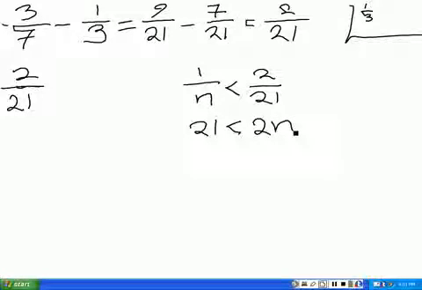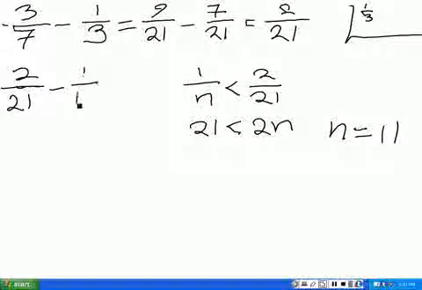So I want the biggest unit fraction, or the smallest number n, so that 21 is less than 2n. Well, clearly n equals 10 does not work, because 21 is not less than 20. But if I set n equals 11, well, that does work. So that's going to be the smallest integer n that I can use. So I'm going to take 1/11 away from 2/21.